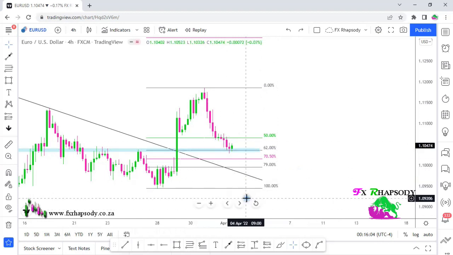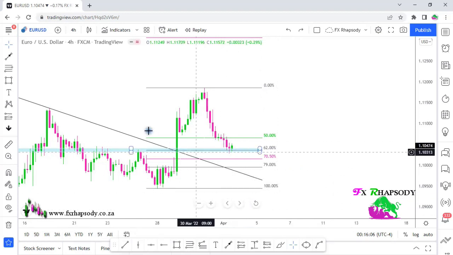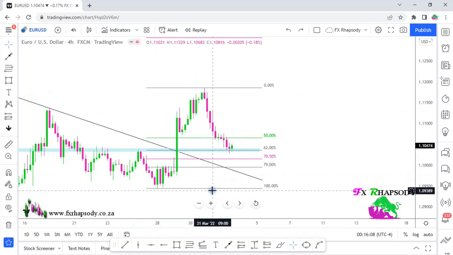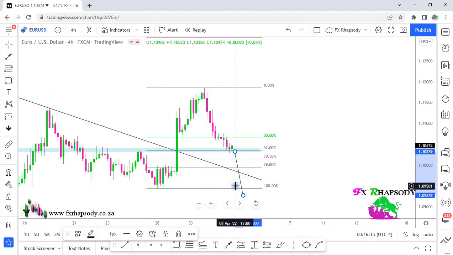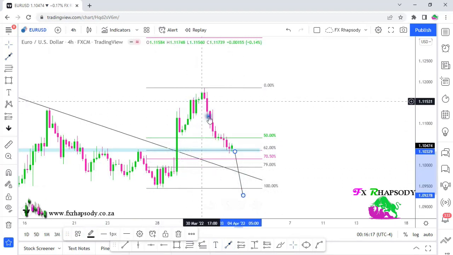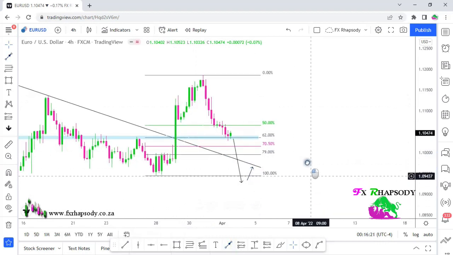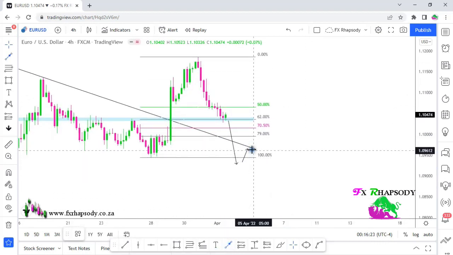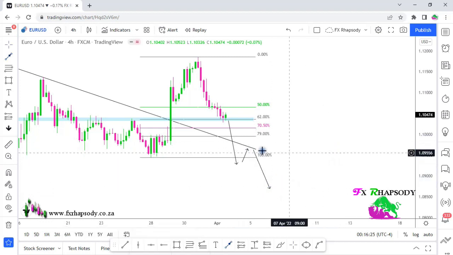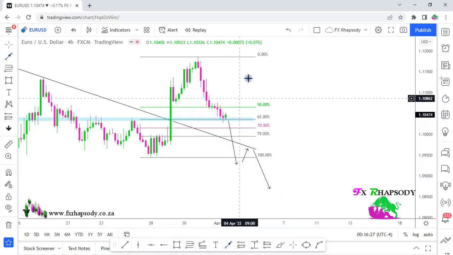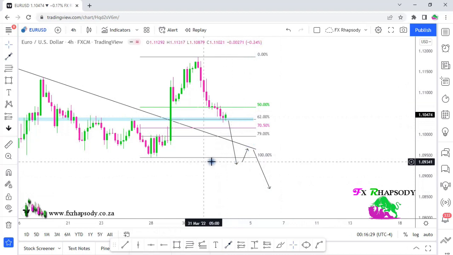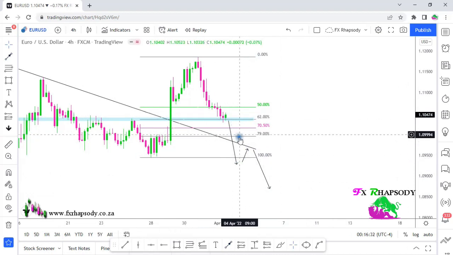Always have your stop losses in place. If your stop loss is just below here, it means this trend line will be broken and it goes back into that trend line, which will make this a fake out, and then price will just carry on to the downside. So if you're taking this buy and you have a stop loss in place right below the 100%, it will be safe if it is bouncing on that trend line.